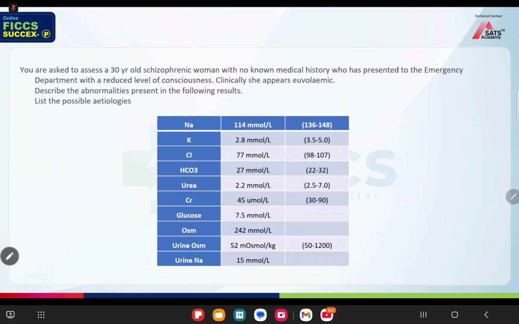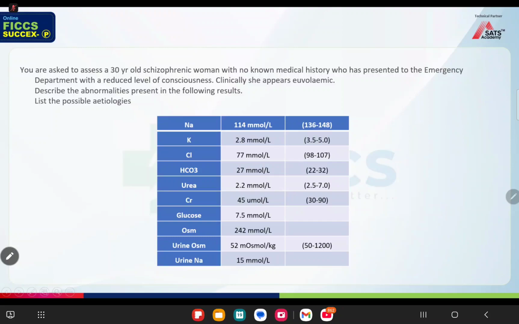Read out what the problems are on the basis of this biochemistry report. A 30-year-old schizophrenic.